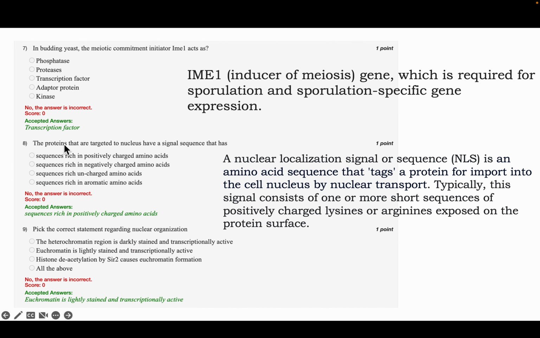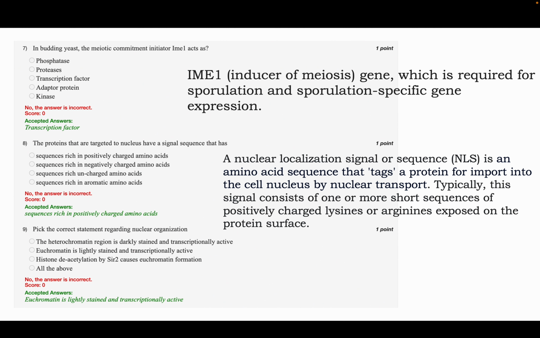Now the next question is, the proteins that are targeted to the nucleus have a signal sequence that has sequences rich in positively charged amino acids, negatively charged amino acids, uncharged amino acids, or aromatic amino acids. Whenever a protein needs to be imported inside the nucleus, there should be some signal which will help those proteins go to their designated places.